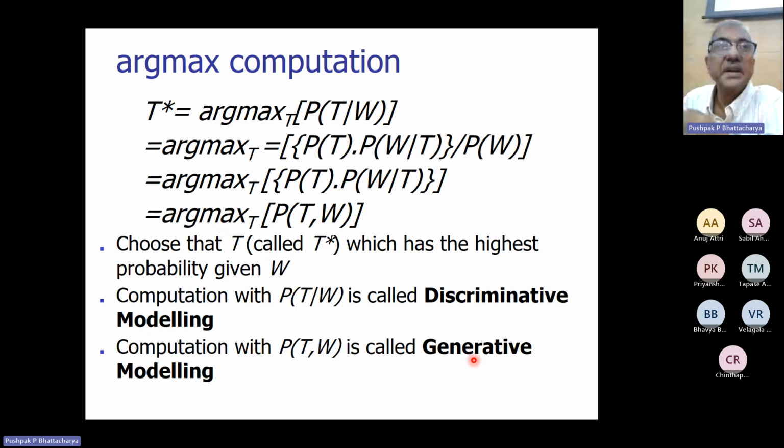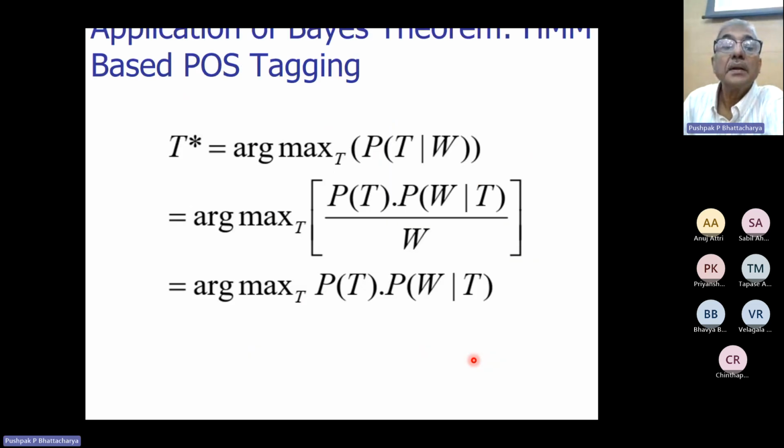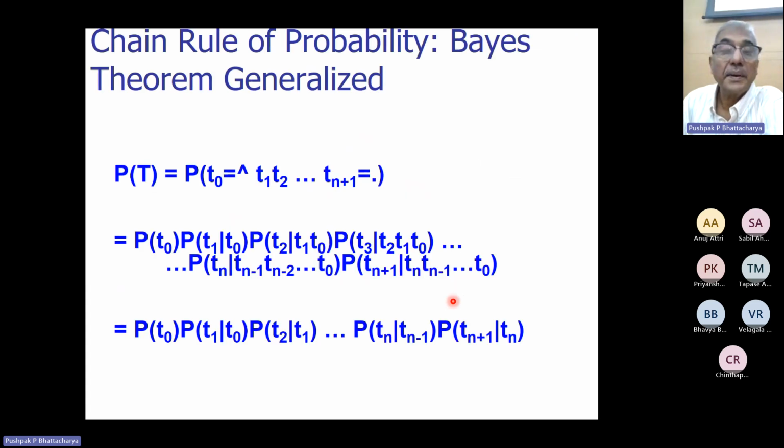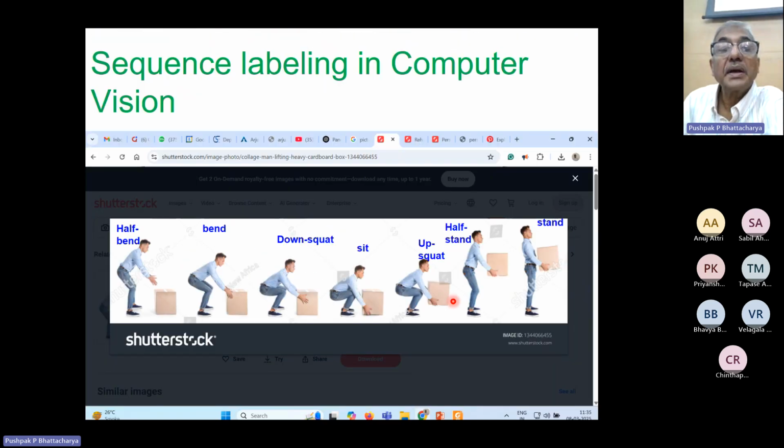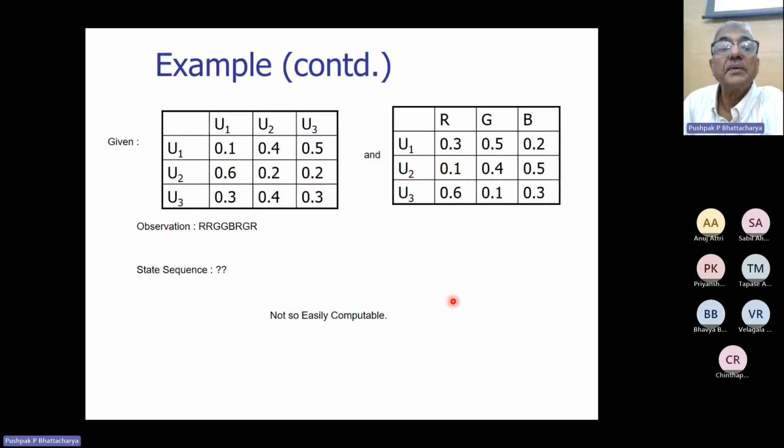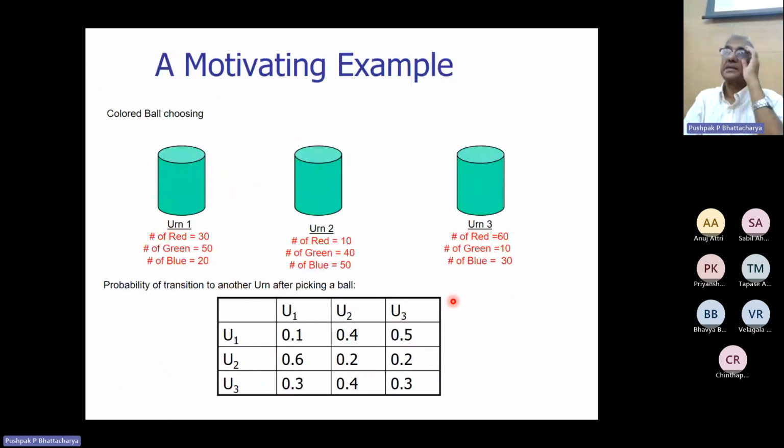We will discuss as we move forward. In the case of part of speech tagging, we'll again have T star equal to argmax of probability of T into probability of W given T. We'll come to these formulations, but let's go to hidden Markov model with a motivating example.